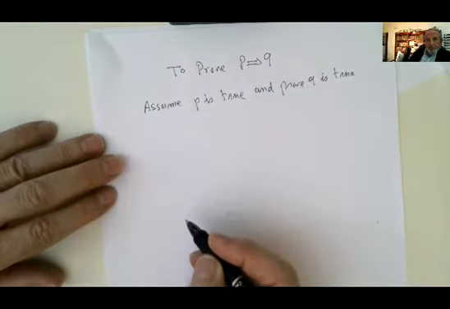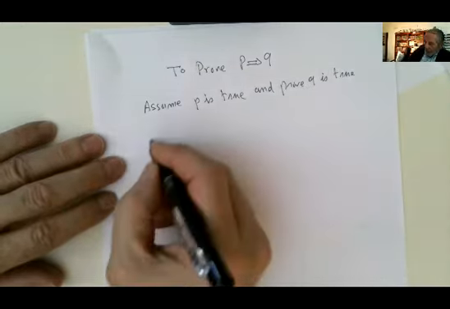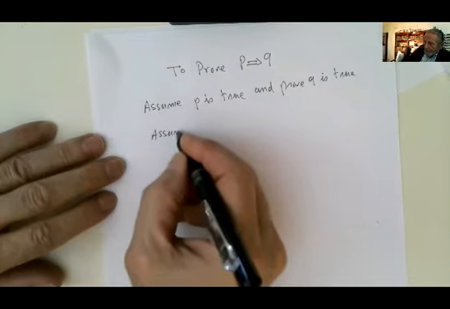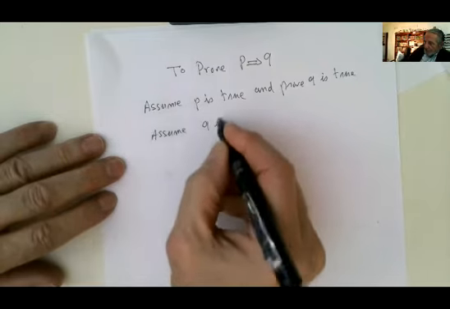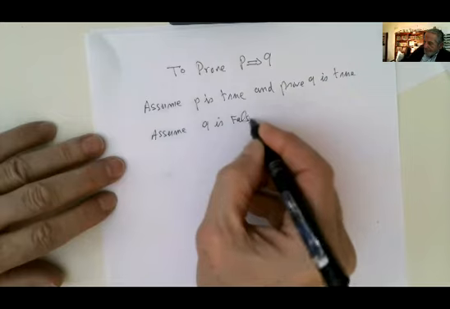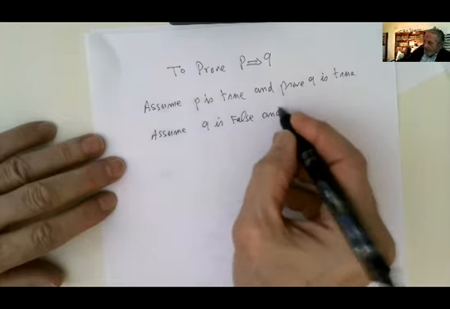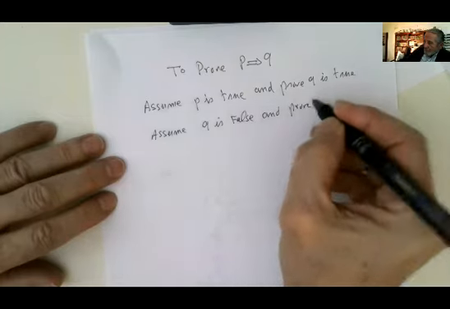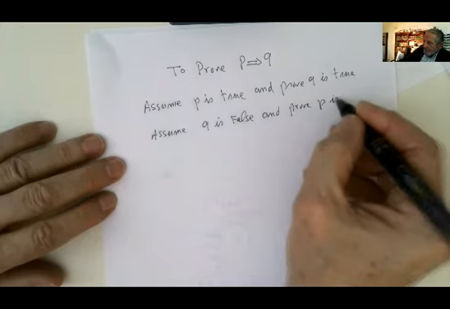That's a direct method. Or assume Q is false and prove P is false.